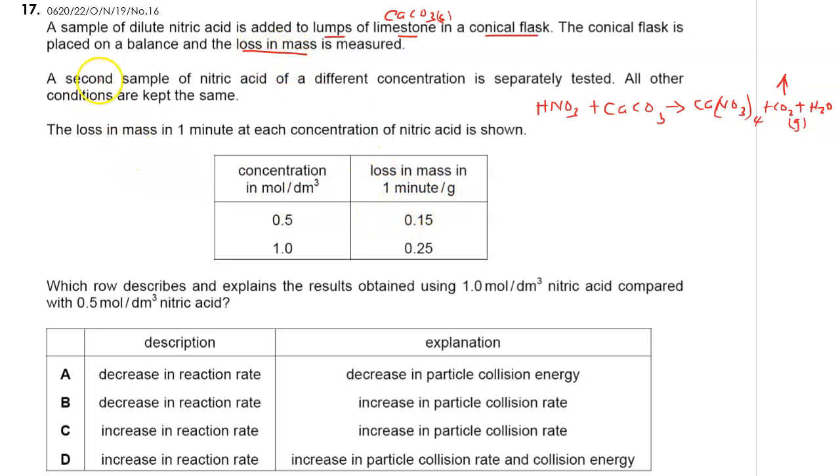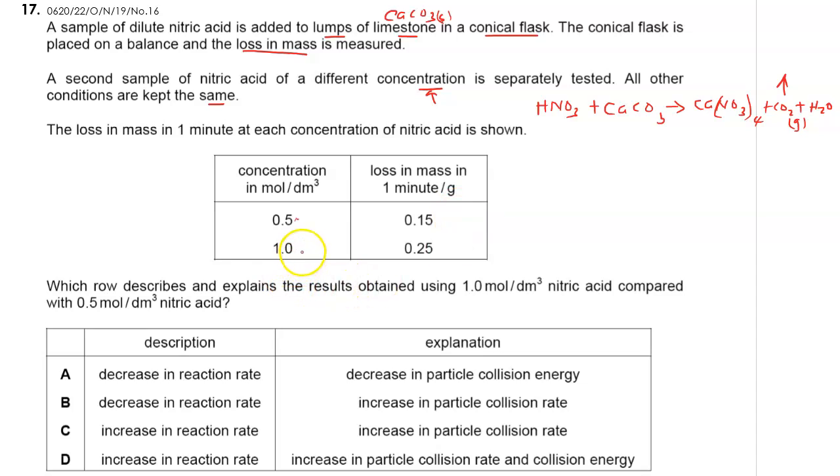Okay, so a second sample of nitric acid of a different concentration is separately tested. All other conditions are kept the same. Now the only difference is the concentration, either more concentrated or less concentrated, we are not told. The loss in mass in 1 minute of each concentration of nitric acid is shown. When the concentration of nitric acid is less, the loss in mass in 1 minute is 0.15 grams.